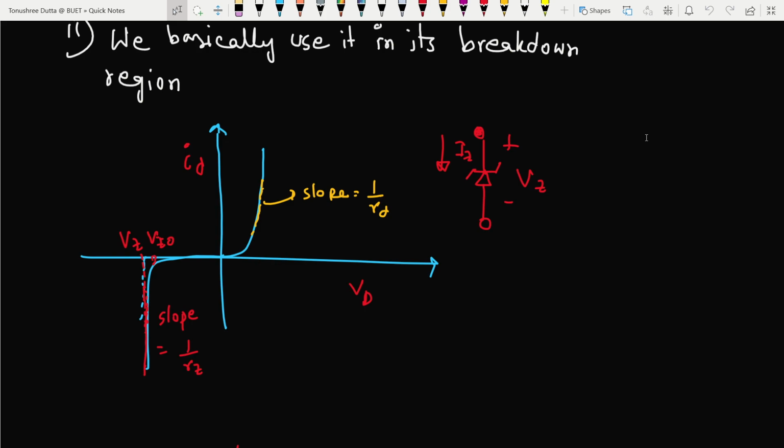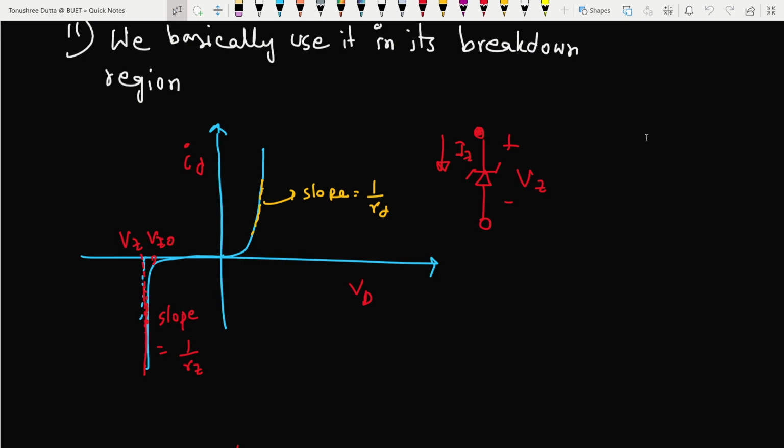You can see that the cathode is pointed upwards and the anode is downwards, and we are taking the voltage from the cathode side, so we are using it in its reverse direction. It has this special symbol to show that it is a Zener diode, so its symbol is a bit different from regular diodes.